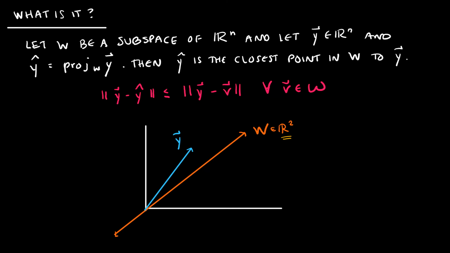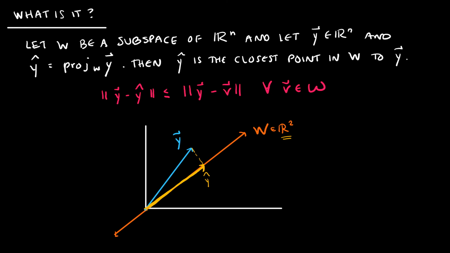I know that I can create a projection, and remember that projection is just if I drew a right angle down, this guy right here would be my projection vector. This is my Y hat. So that's what we've been working on, finding that projection vector. And then we've also been working on finding this little guy as well.